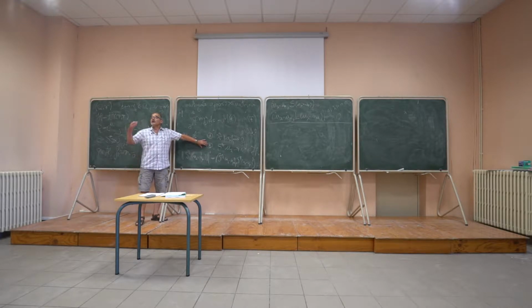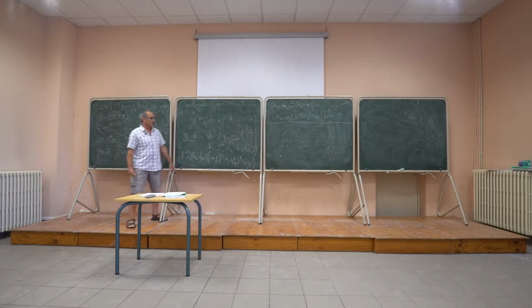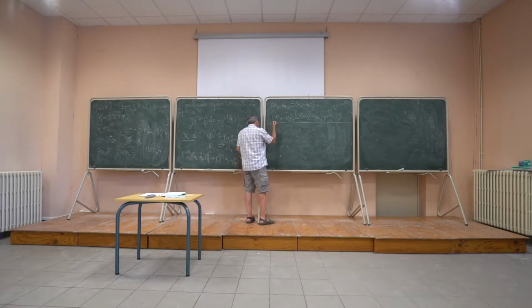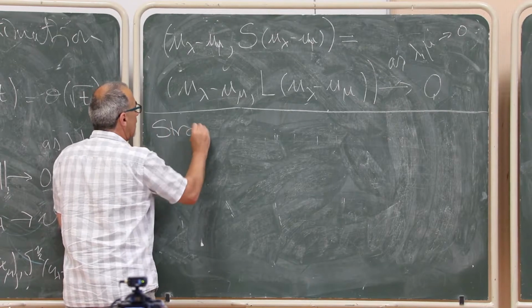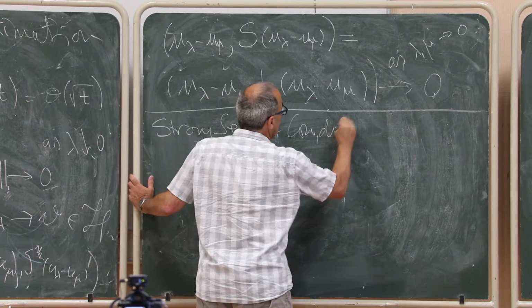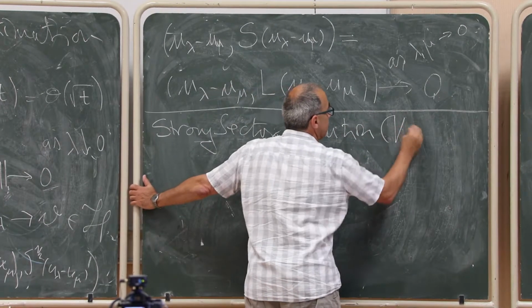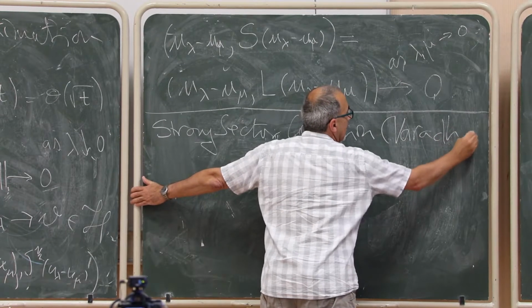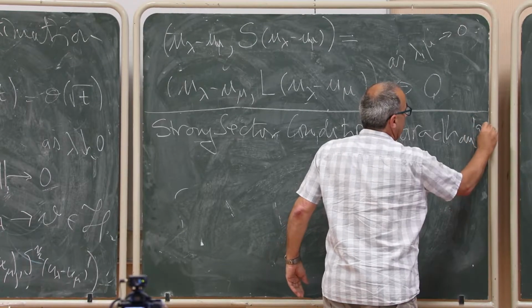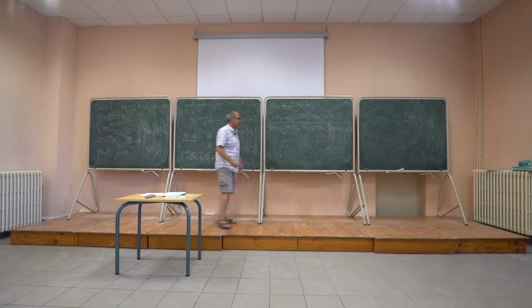Now I will give you sufficient conditions, truly sufficient, which are far from this, but nevertheless checkable and in particular cases applicable and good. The first one is what today we call the strong sector condition, and this is due to Varadhan, 1990-something, 97 I think, I'm not sure about the dates, but about those years, 95, 97.